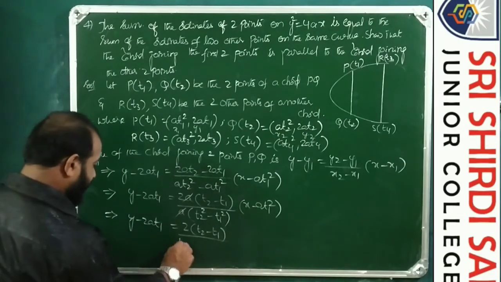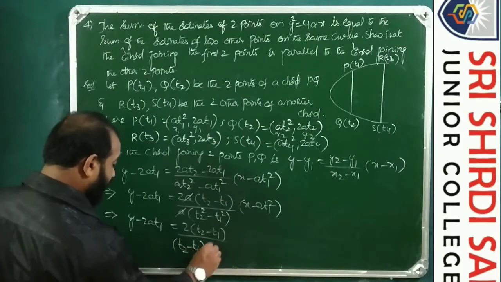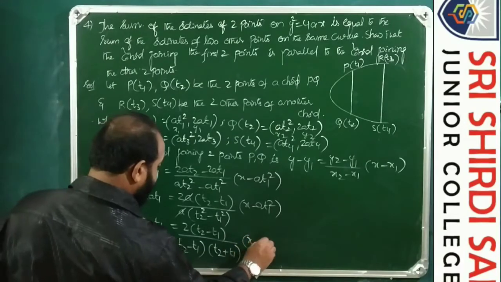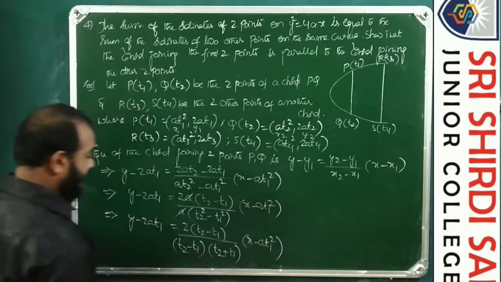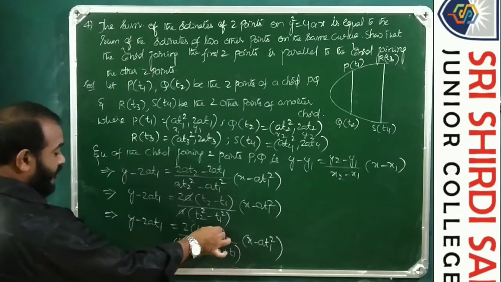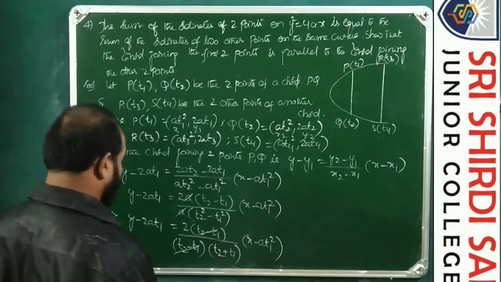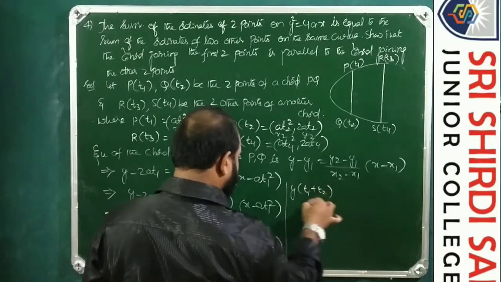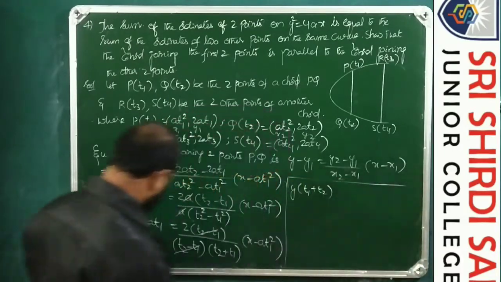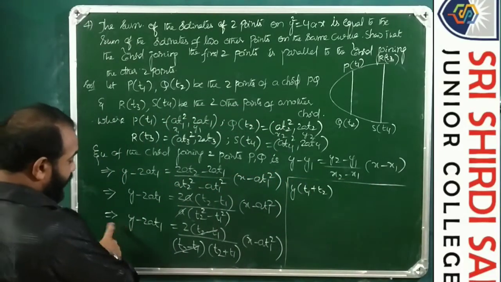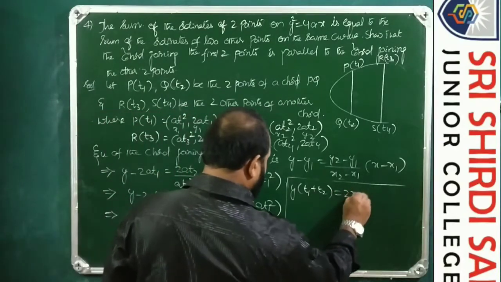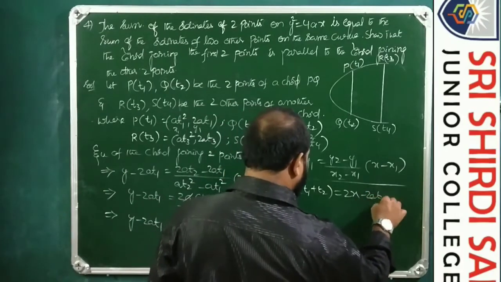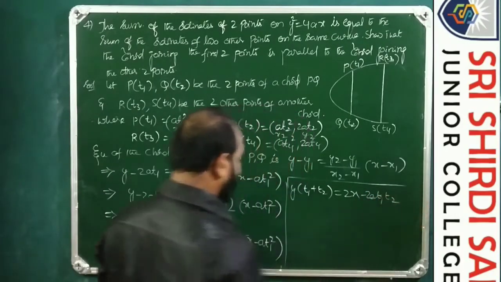So this is t2 minus t1 into t2 plus t1 into x minus at1 square. So t2 minus t1 gets cancelled. Therefore we get y into t1 plus t2 is equal to 2x minus 2at1 t2. This is what we get.